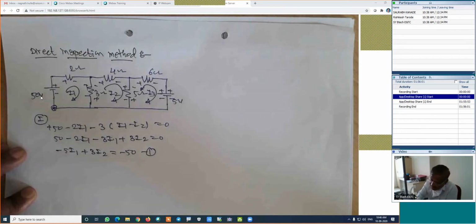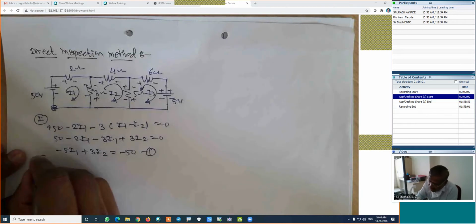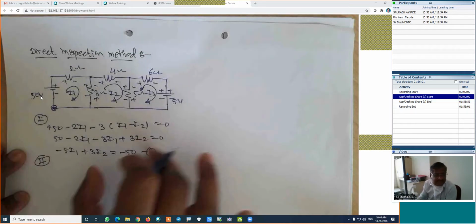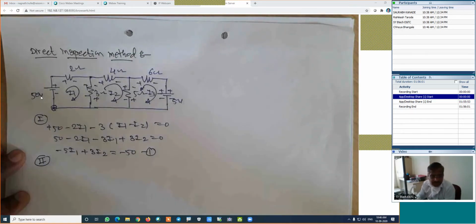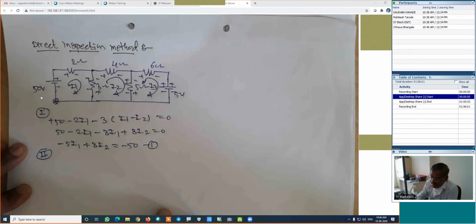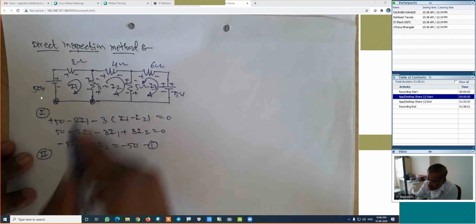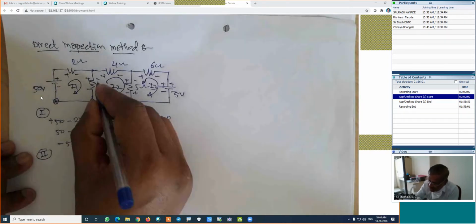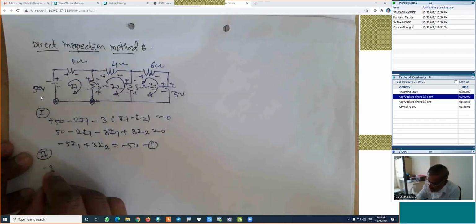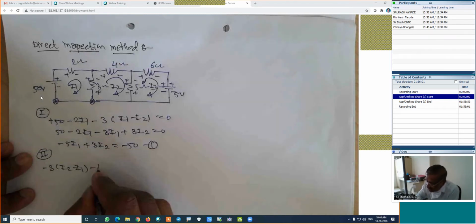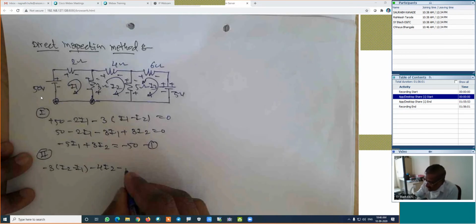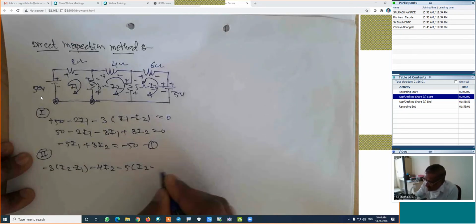But if you are aware of the shortcut, in that case no need to use this clumsy process that I am trying to show. If we apply KVL to loop 2, traveling from this point in the clockwise direction, positive to negative, that is minus 3 into (I2 minus I1), then minus 4 into I2, then minus 5 into (I2 minus I3), which is equal to 0.